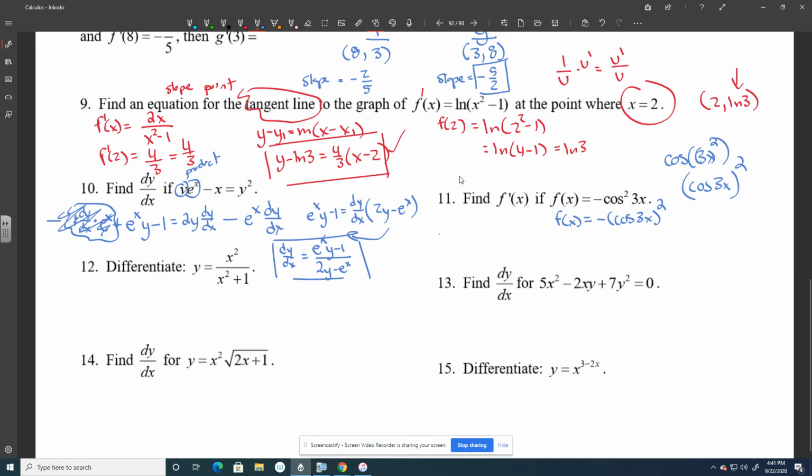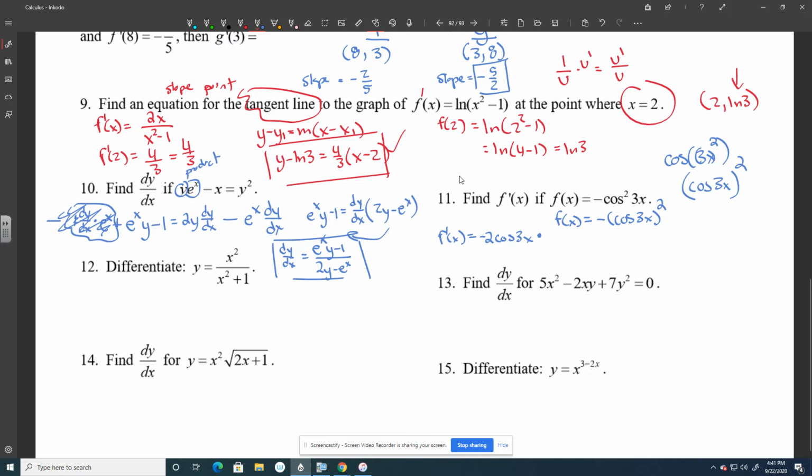So to take f prime, first I've got to do the derivative of the outside. So I've got to drop that 2 down. That becomes negative 2 out in front. The cosine 3x stays there, cosine of 3x. And this 2 drops to a 1, so I don't even have to include it. I can just put negative 2 cosine of 3x. But now I need to multiply by the derivative of the inside.